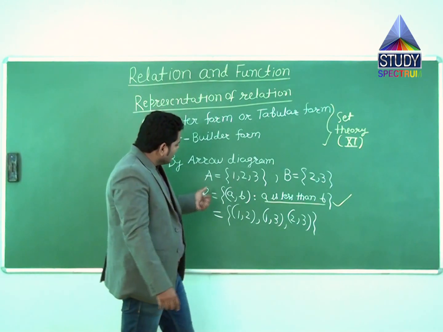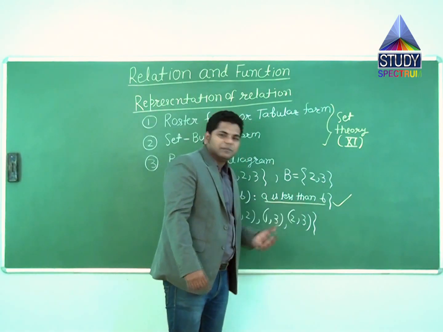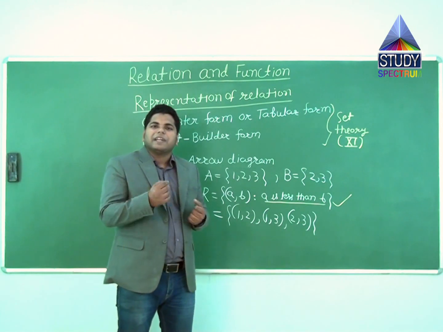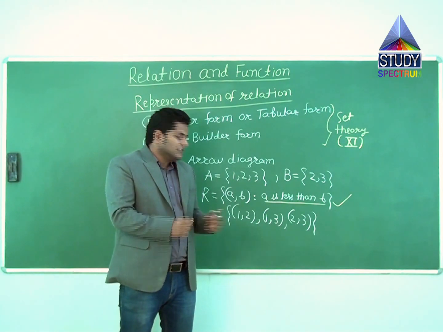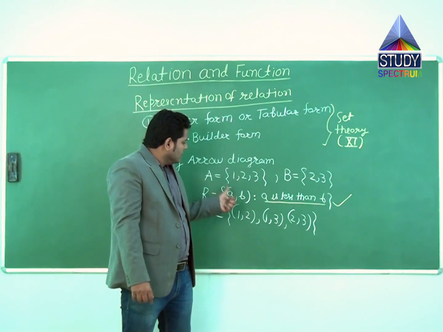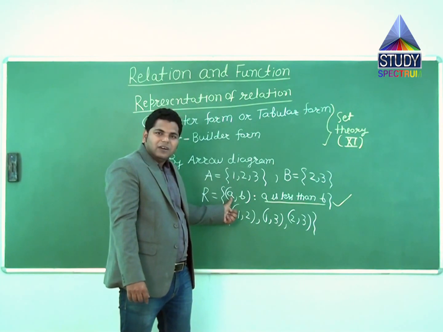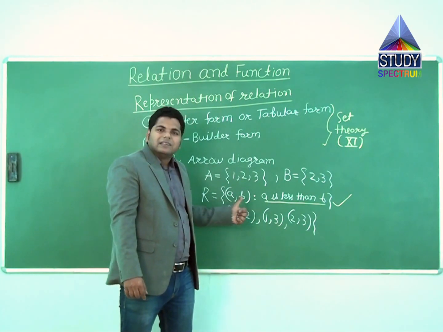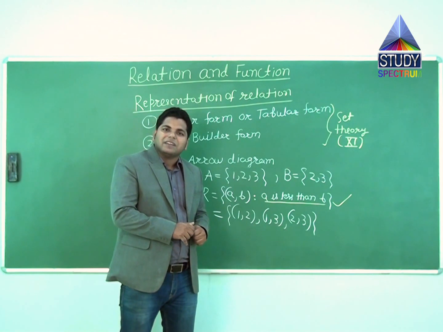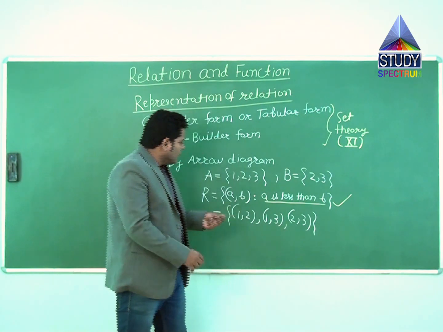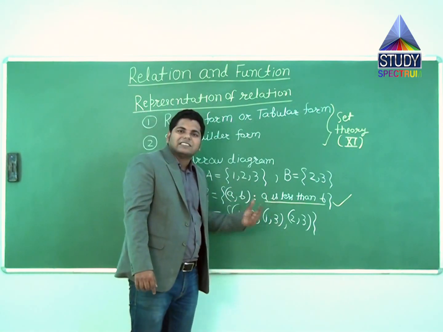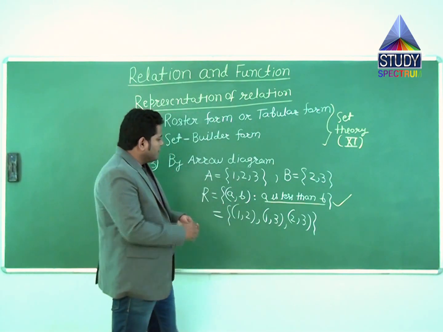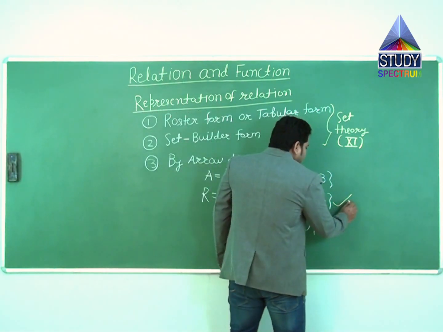Here the relation is a is less than b, so we are writing the characteristic property between the first component and the second component of the ordered pair. This form, where we write the characteristic property, is the set builder form.